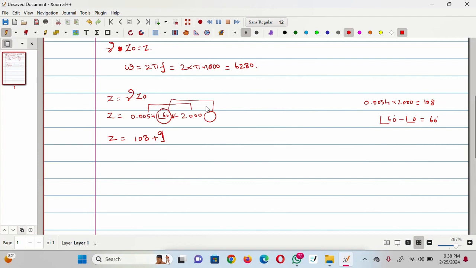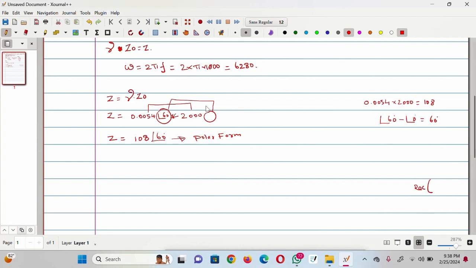So we have 108 at an angle of 60 degrees, which looks like polar form. But for solving purposes, we need to move to rectangular form also. How do we convert polar form into rectangular form? That is also very important. Using the calculator, the rectangular option is available at the bottom.